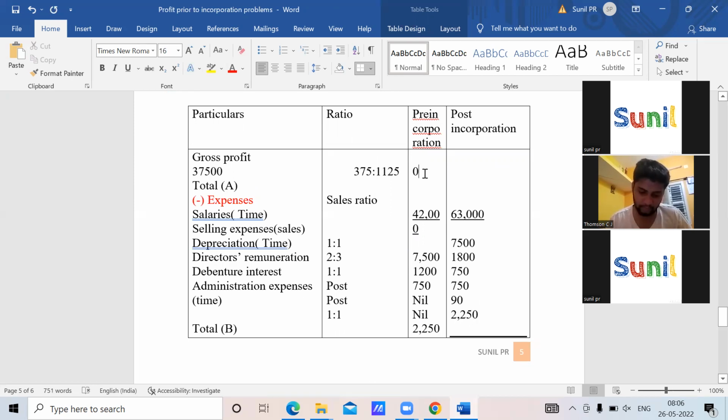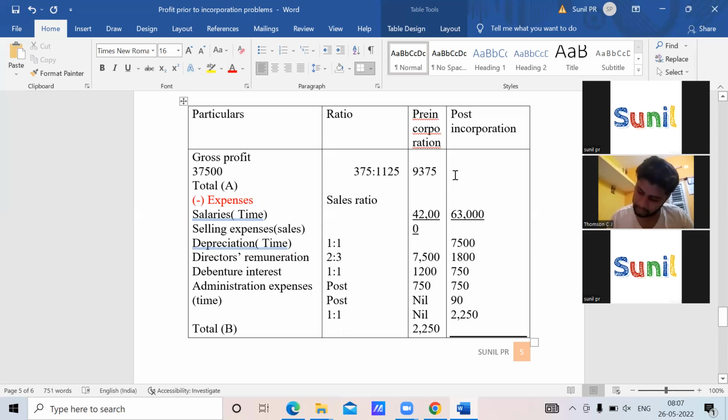One minute, sir. I'll just add the two ratios. Sir, 9,375, sir. Correct. What is the post-incorporation?